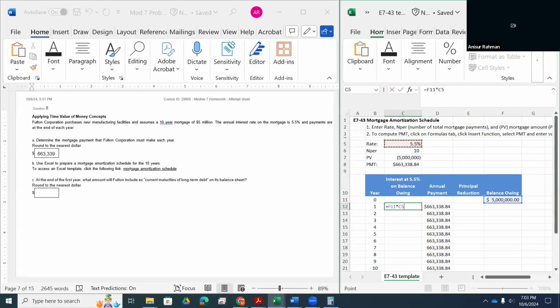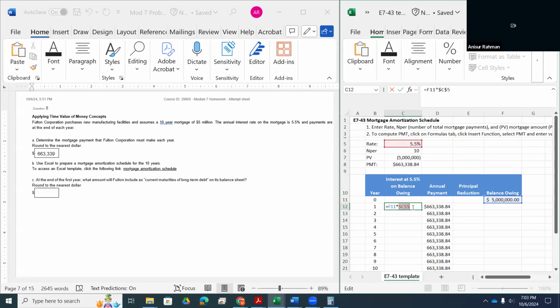So what that basically means, I will need a $ sign in front of C, which is the column name, and also in front of the number 5, which is the row number. You can also use the key F4 on your keyboard, depending on the type of keyboard and the computer you are using. If F4 doesn't work, you can manually enter the $ signs like I did.